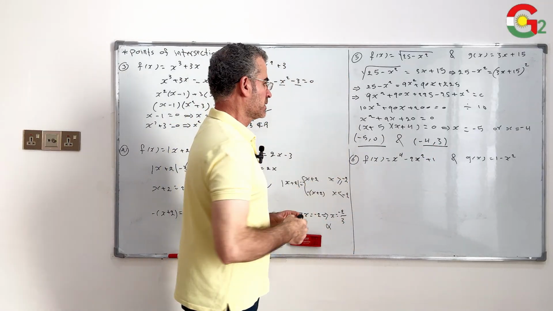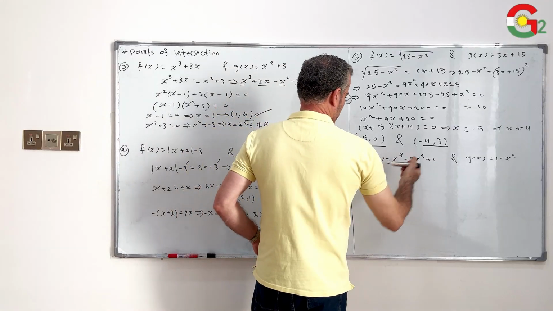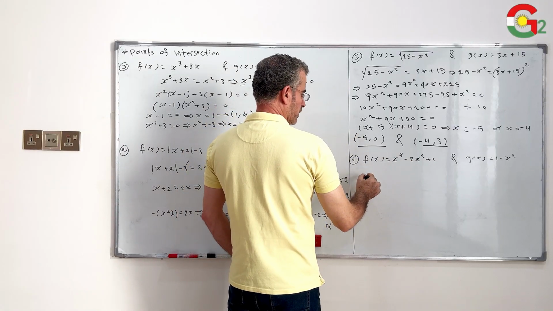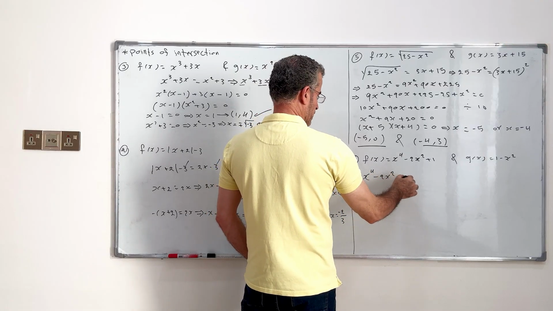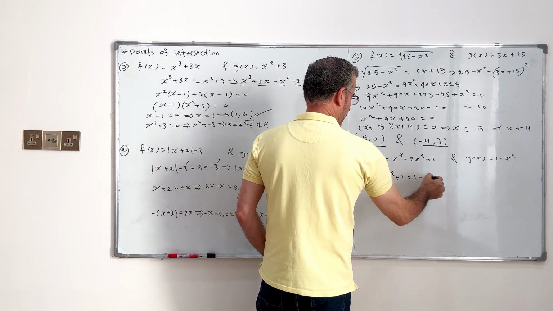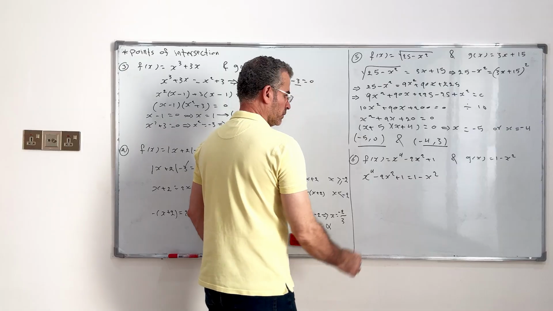Example number 6. Find the intersection point of these two functions. Set x squared minus 1 all squared, that is x to the 4 minus 2x squared plus 1, equal to 1 minus x squared.